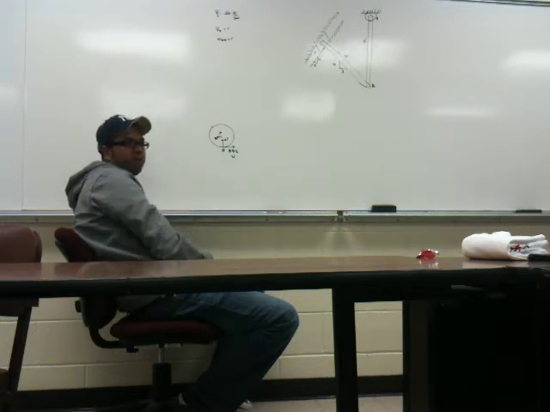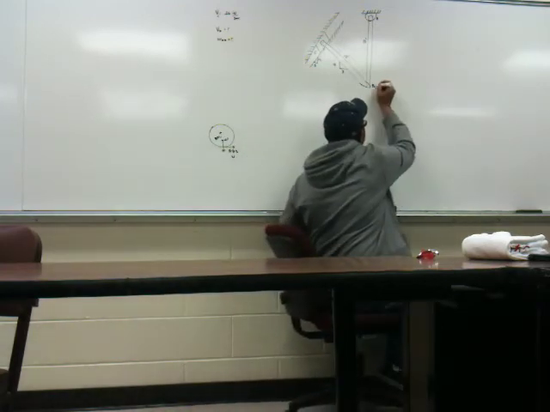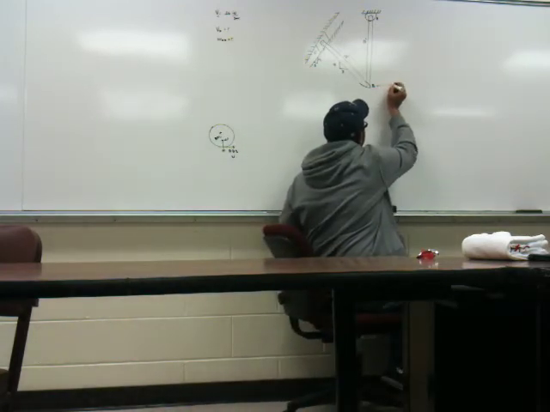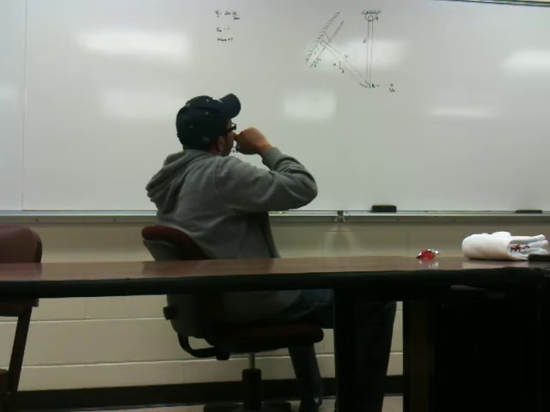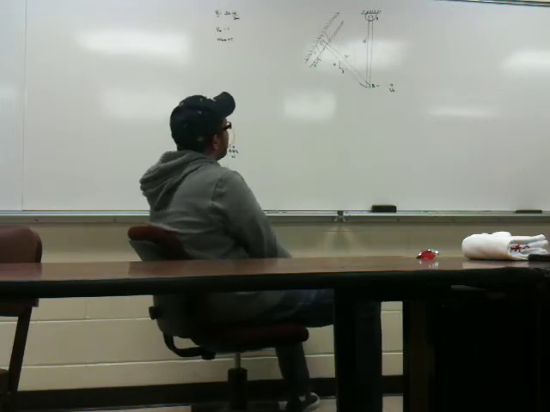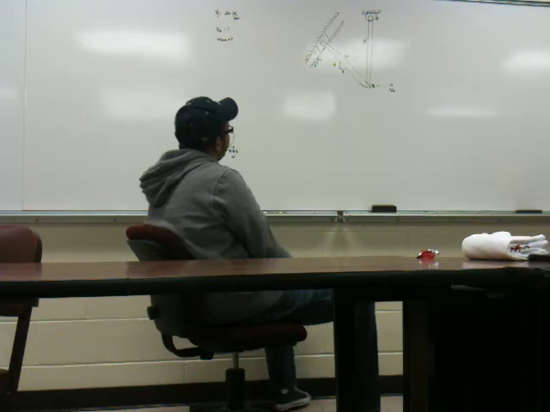So we have this first vector, it's going to be B. Then we're given another absolute velocity, which is this one here.